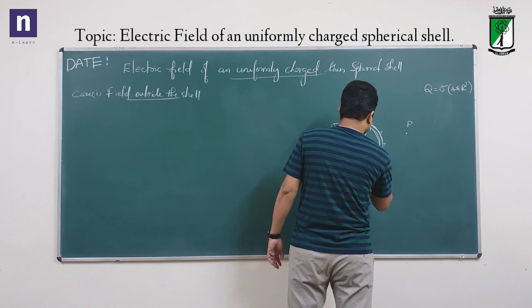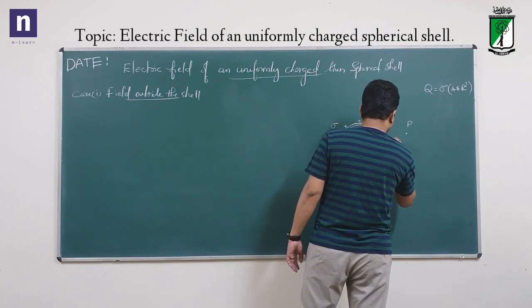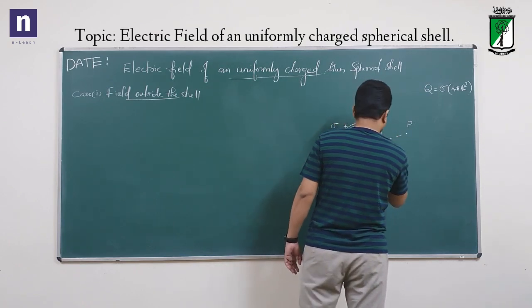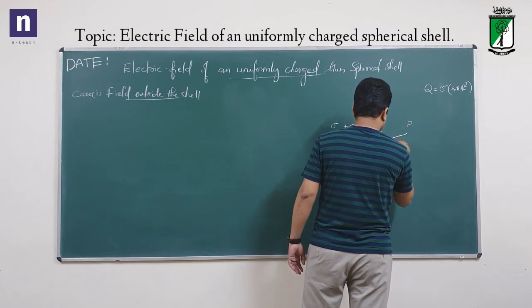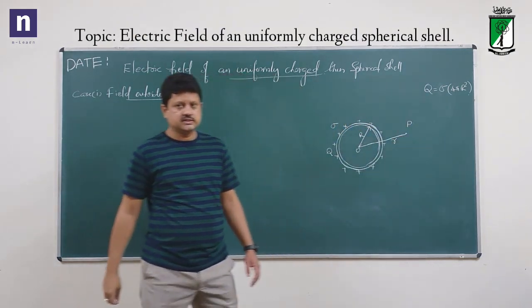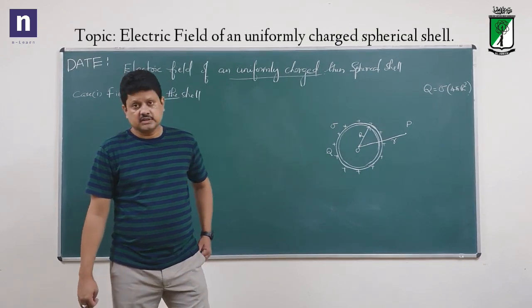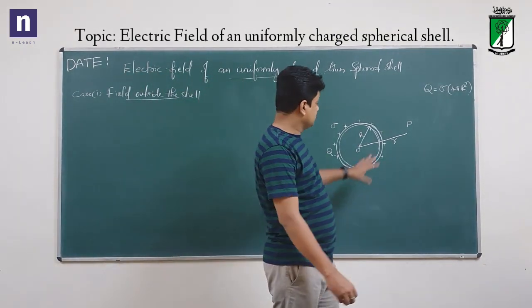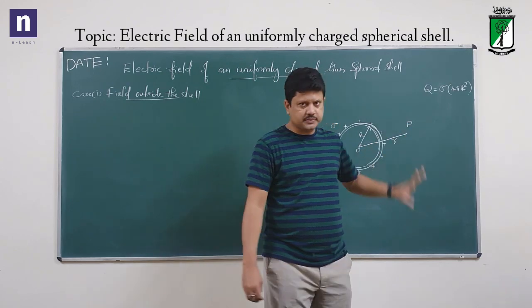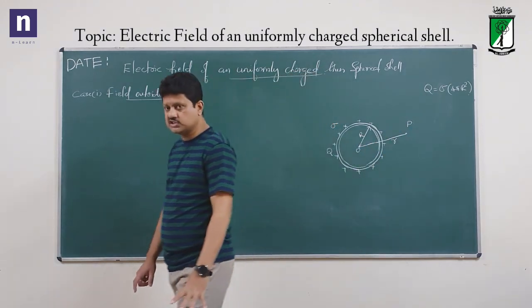Say the point P is at a distance small r from the center. Now, to find the electric field at P, we are going to apply Gauss's law.